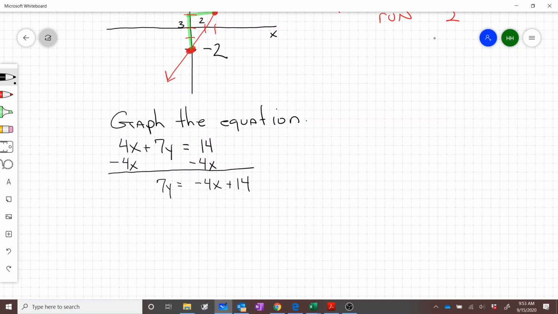We're going to divide everything by 7. The sevens on the left cancel. So we get y equals negative 4/7 x plus 2. There it is in slope-intercept form.